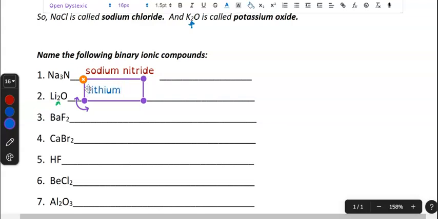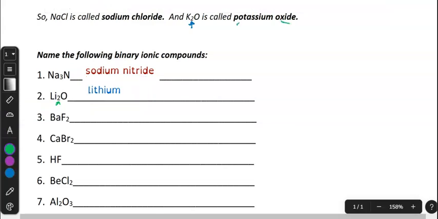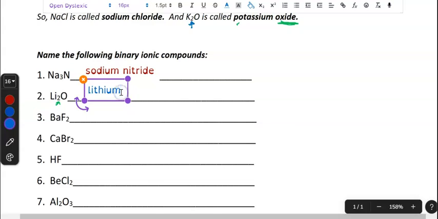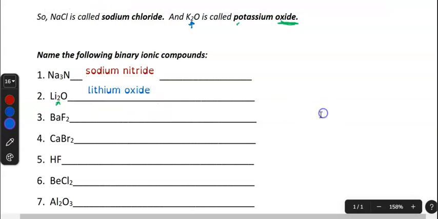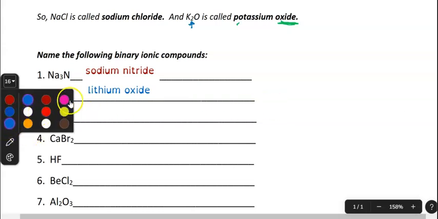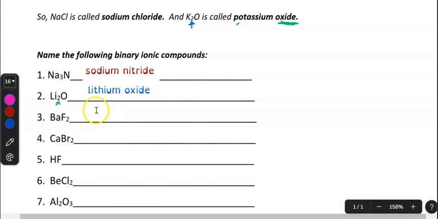And then I name my anion. And if you recall up here at the top, we used oxide already. And so since oxygen is my anion here, I'm just going to follow that. That's going to be oxide. But you know, if you trip up and you say oxygenide, fine by me. As long as you show me that you remembered that you had to add IDE at the end, then I'm happy with that.